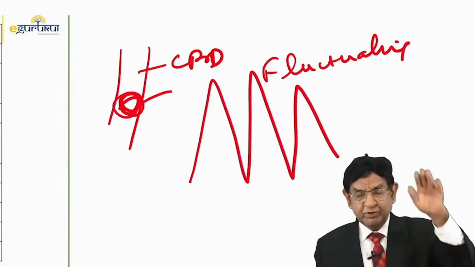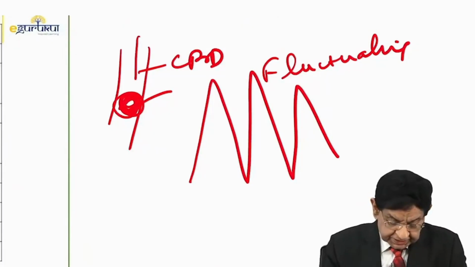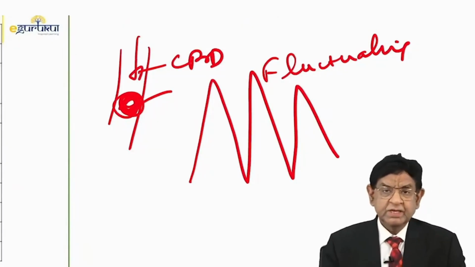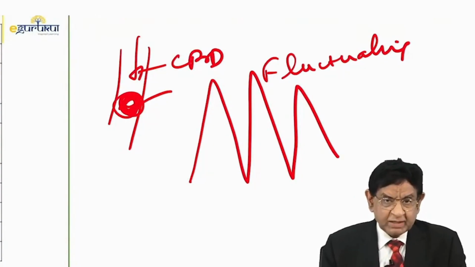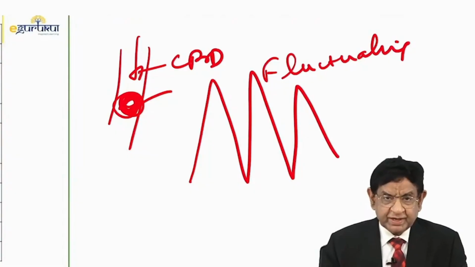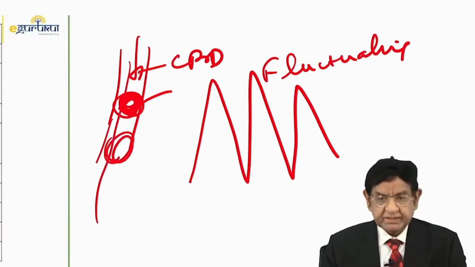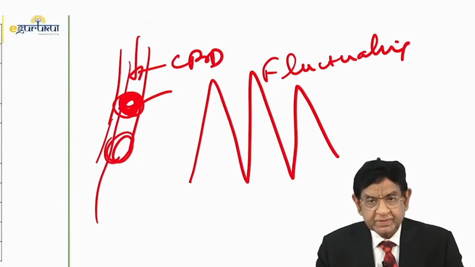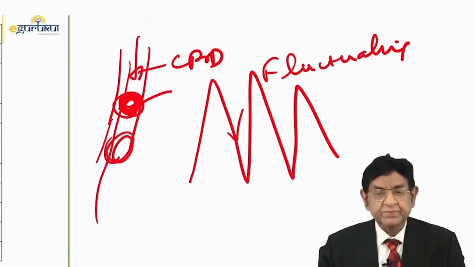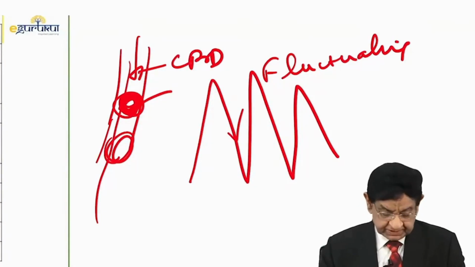The level of bilirubin will fluctuate. Why? It gets blocked, secretion cannot come down, the whole bile is backlogged, and jaundice increases. But due to the pressure of the bile, the stone may get shifted from its position. During shifting, the blocked bile may come down, and the jaundice will come down. So fluctuating jaundice you get in these cases.